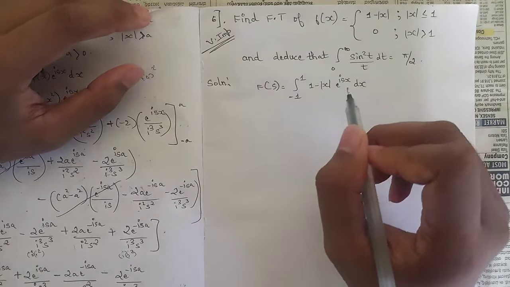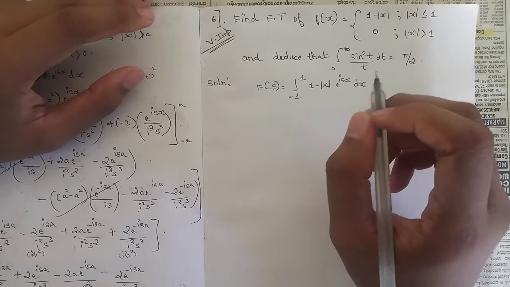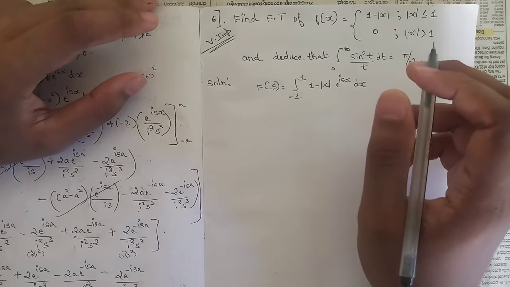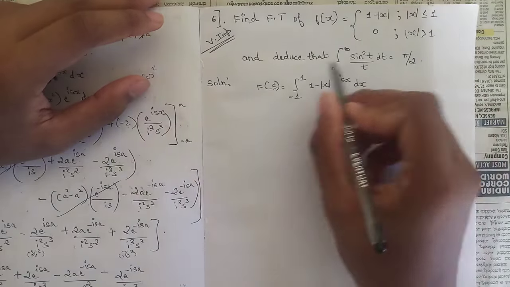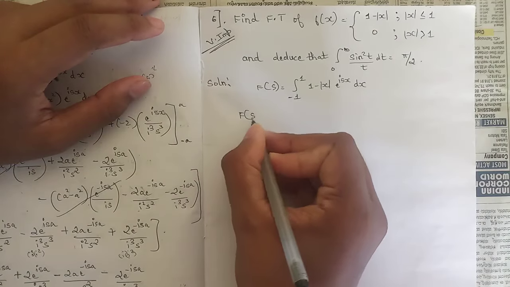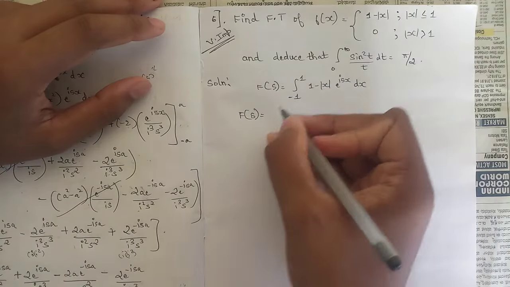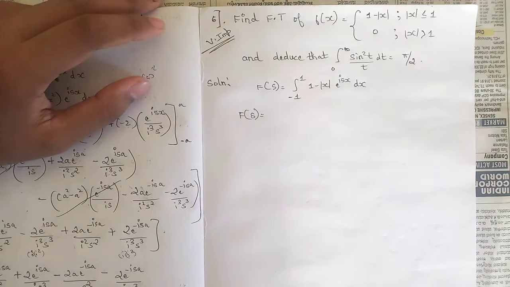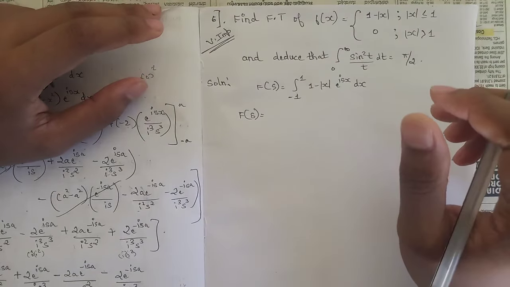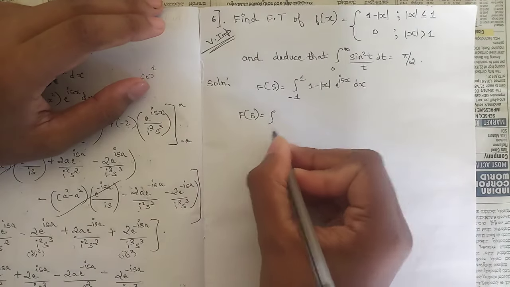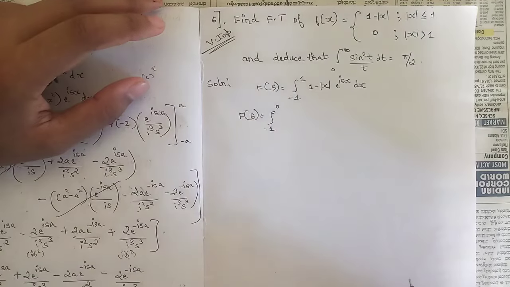But as per the definition of mod x, we have two values for mod x. Mod x can be x as well as minus x, right? So in the similar way, we need to write the intervals as well. We know that mod x is equal to minus x when the value of x is negative, that is, when x lies between minus 1 to 0.